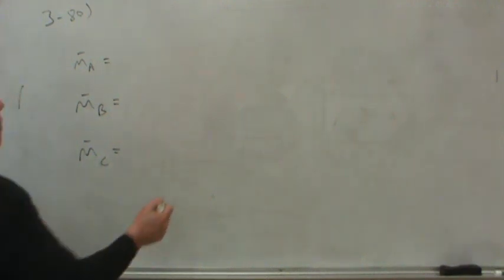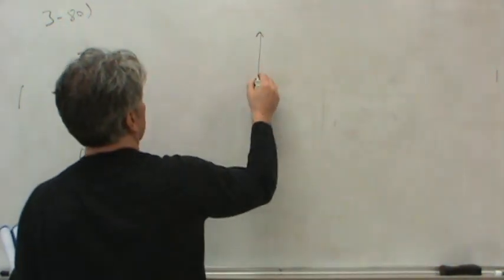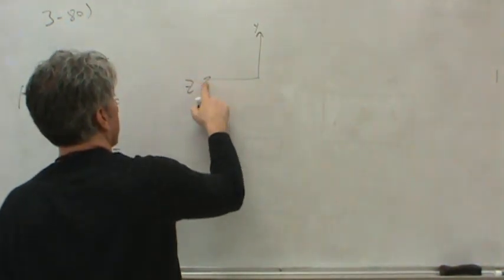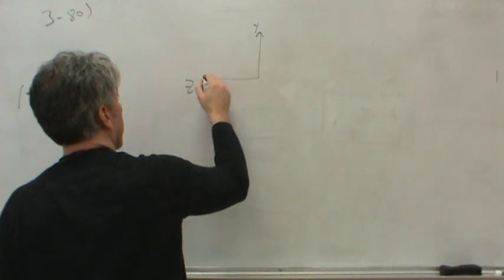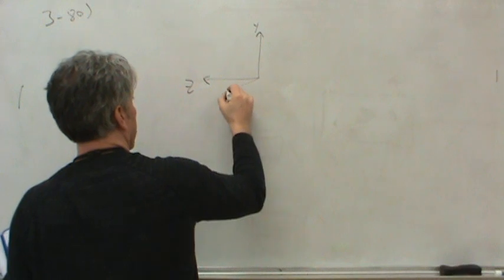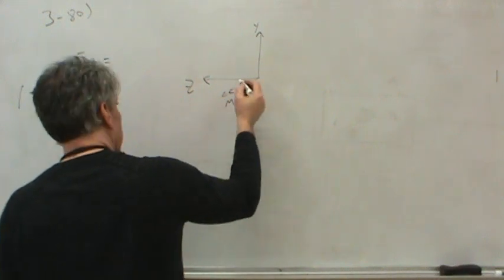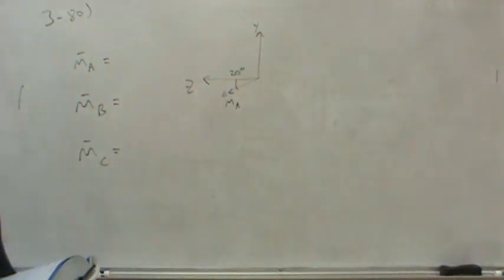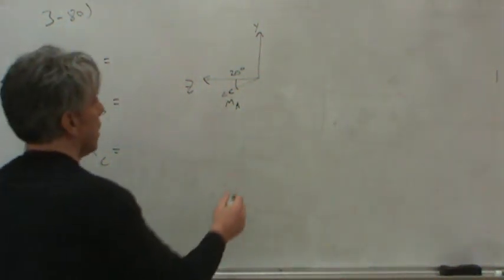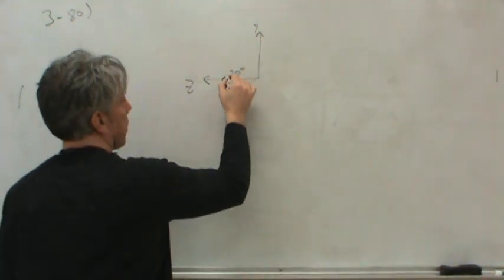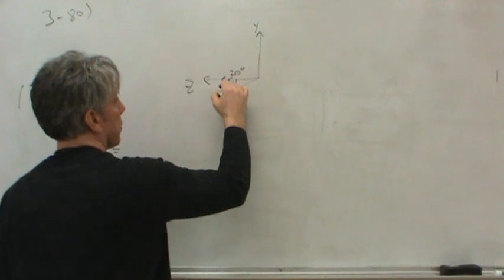If I were to draw just the y-z axes, the moment MA looks something like that, and it has a 20-degree angle. Everybody see that? So moments are nothing more than vectors. You can just decompose them along the various axes. This is just a right triangle, so there's a component of the moment there and another component there.